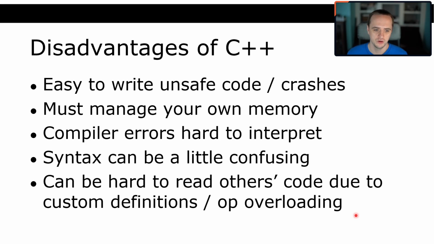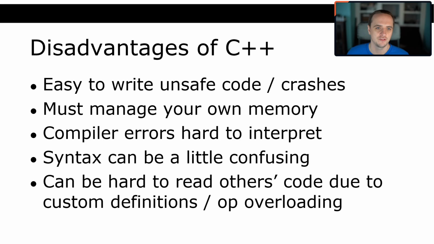And also, because C++ is so customizable, it can be actually really hard to read other people's code. And that's because they could have custom definitions, operator overloading. Like in C++, you can almost make one line of code do 10 different things, right?